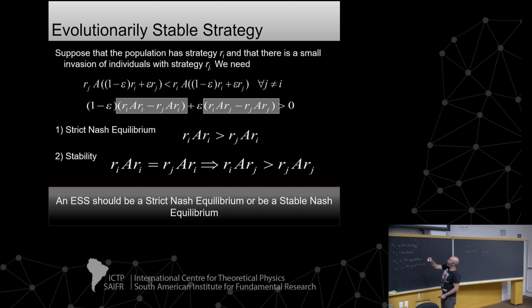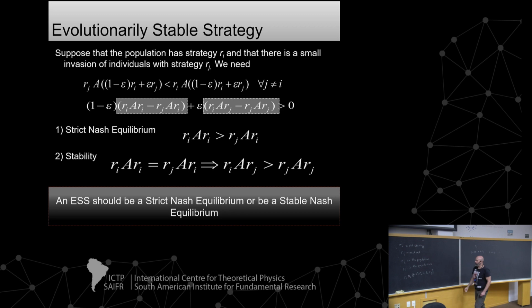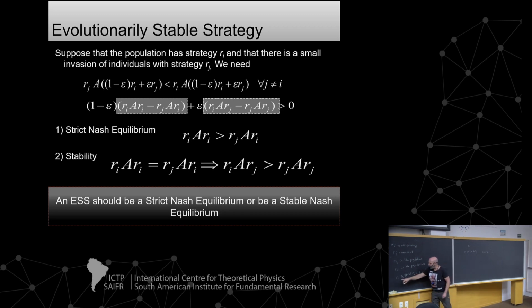As it is written there, the payoff of Ri against the population, that is R. This is the payoff of Ri. This is the payoff matrix. This is the payoff of Ri, and this is the payoff of the whole population. So I want this payoff to be greater than this payoff.